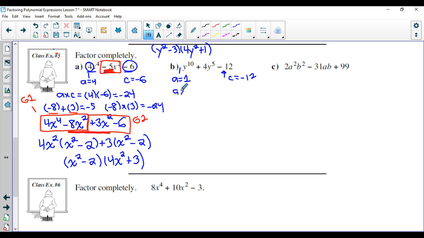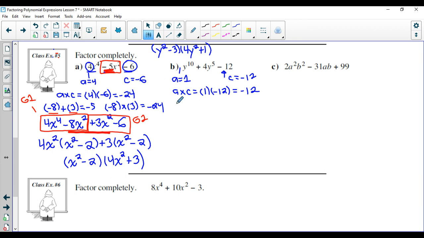So a times c would be 1 times negative 12, which is negative 12. And I need two numbers that are going to add to give me positive 4 and multiply to give me negative 12. That should be positive 6 and negative 2.